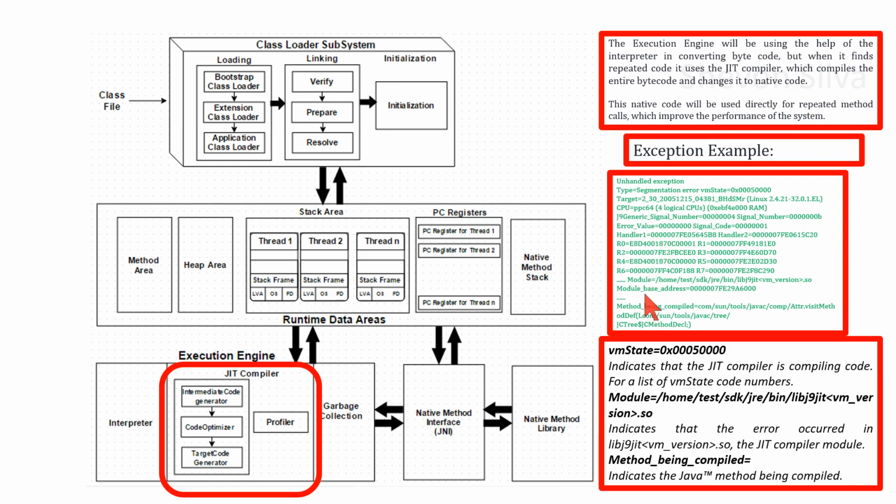And here in module, which indicates that the error occurred in a particular module. So the JIT compiler module, and the method being compiled indicates the Java method being compiled. So you can see the methods here: visit method and JIT tree method declaration.